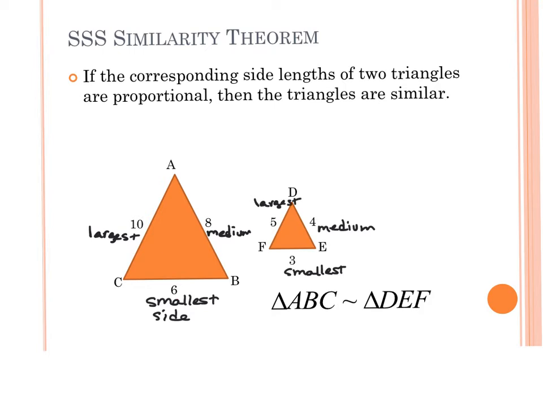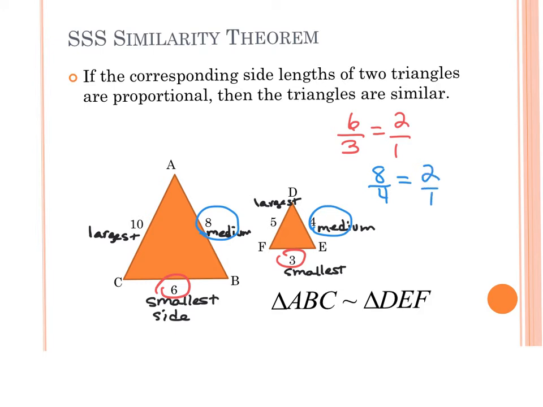So when I go to set up my proportions, I'm going to put the 6 with the 3. I'm going to simplify the ratio, and it simplifies to 2 to 1. Then I'm going to do the same thing with the medium size, the middle number, 8 to 4. It also simplifies to 2 to 1.